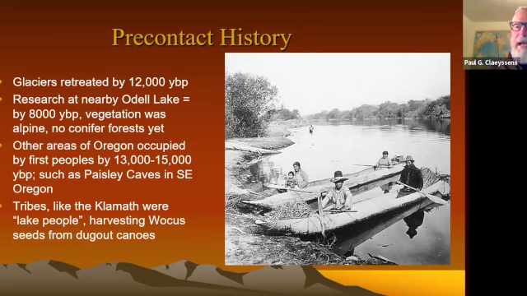So if they didn't paddle here, they were using paddling as part of their economic sustenance to harvest foods. And the Klamath are the lake people. And we know there is some evidence that the Klamath passed through this area of Waldo on their trading, both north and probably over into the Willamette Valley as well.